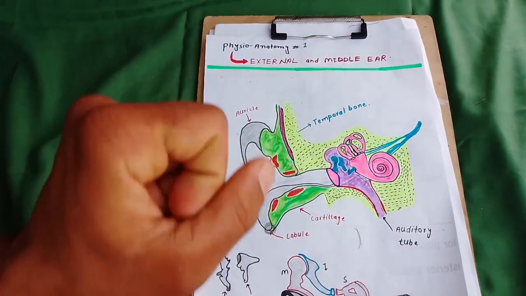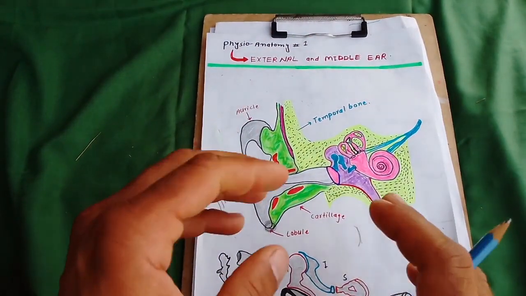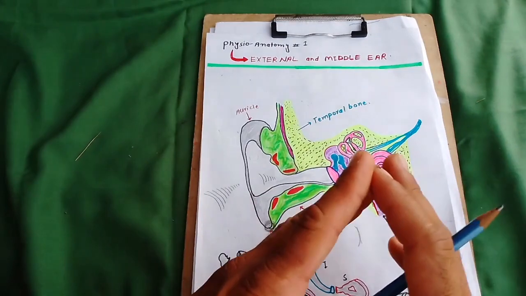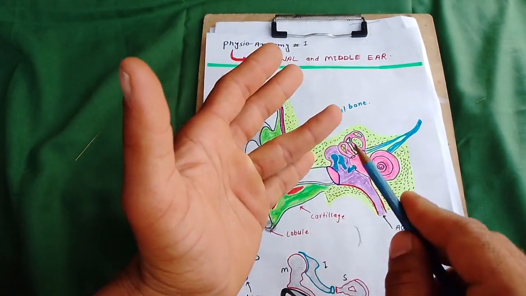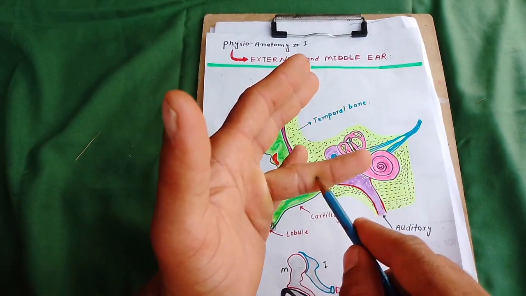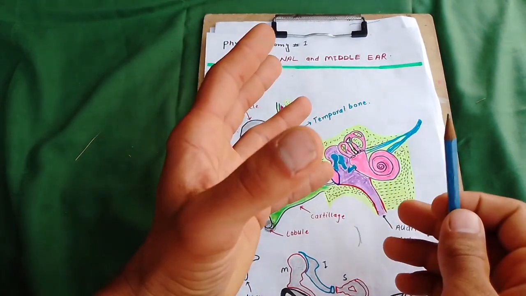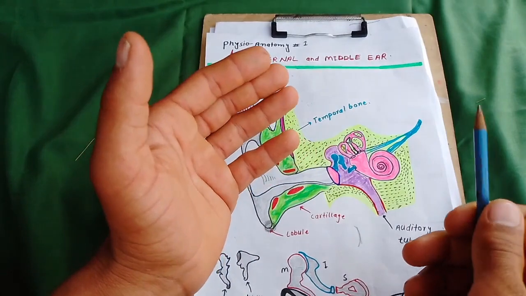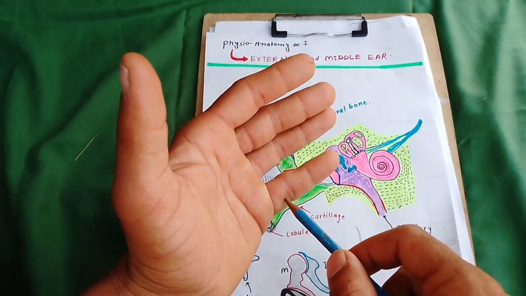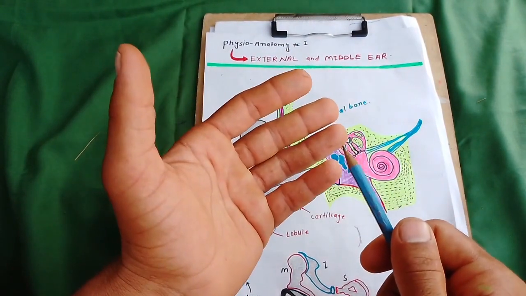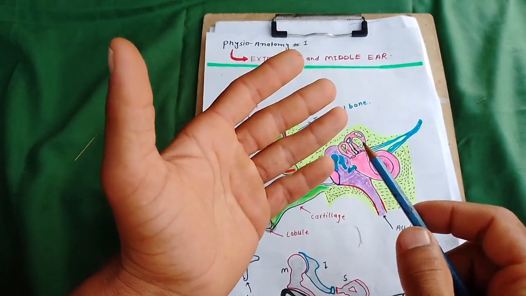Okay. So what is the ear? As we know, there are 5 sense organs: the ear, nose, tongue, skin, and eye. The skin helps in the detection of external stimuli like temperature, heat, coolness, touch, pressure, vibration, and others.